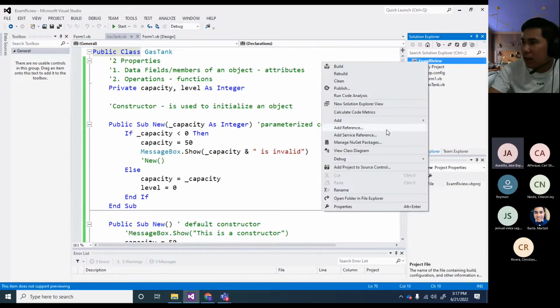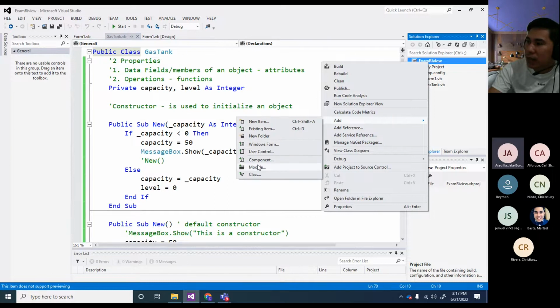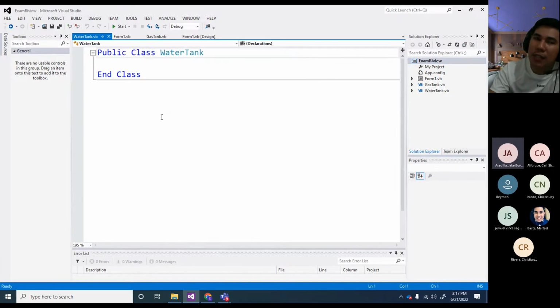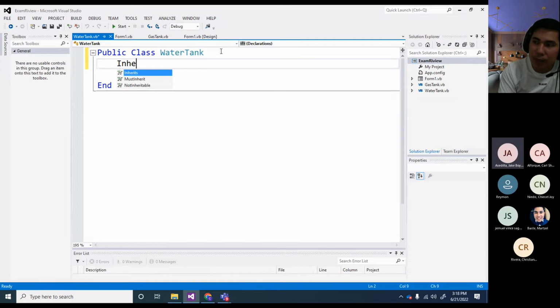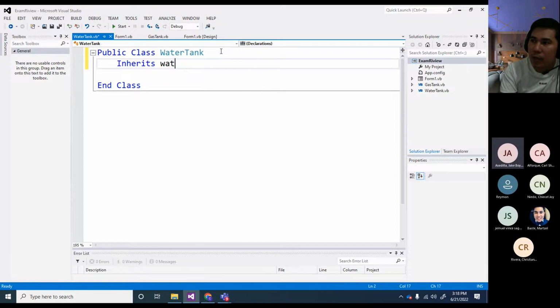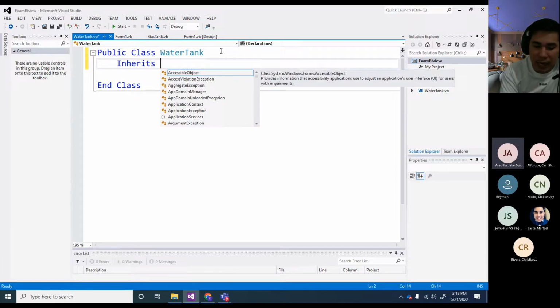Actually, if you know the idea of encapsulation, most likely it's easier for you to understand inheritance. So, inheritance is the ability of a class to inherit properties or common properties within the class. In .NET, we use the Inherits keyword to inherit properties of an existing class.